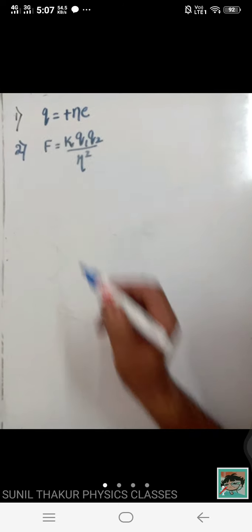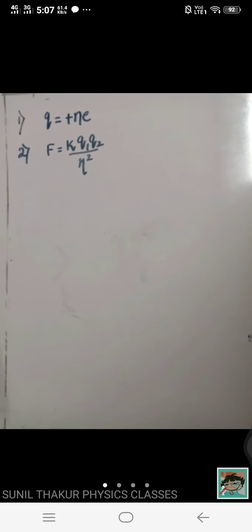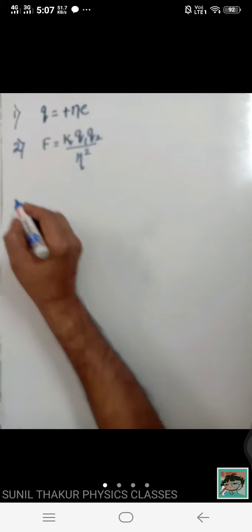You know the value of 1 upon 4 pi epsilon naught is 8.85 into 10 raised to power minus 12, and the value of k is 9 into 10 raised to power 9. Epsilon naught is known as the permittivity of free space.